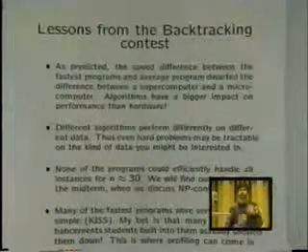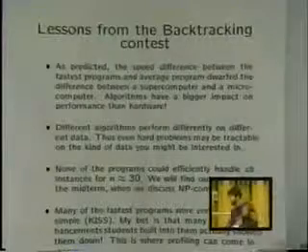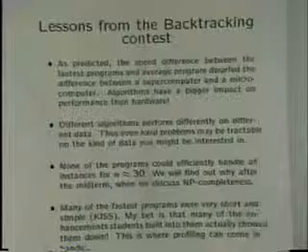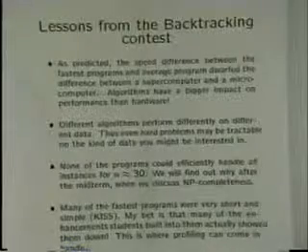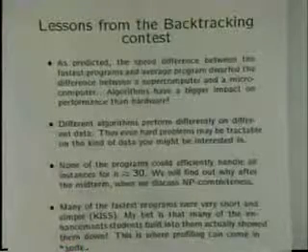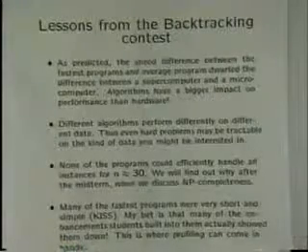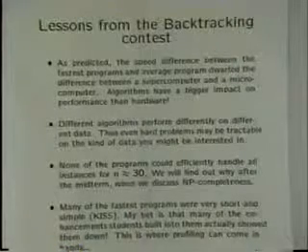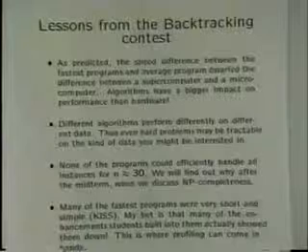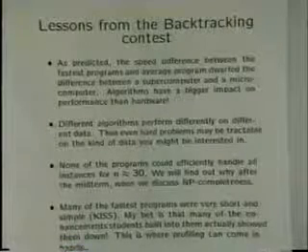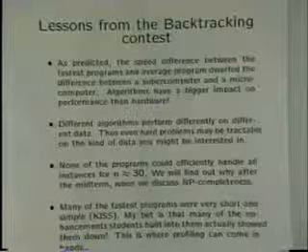Okay, any other questions? So what were the lessons that one should have come out with here? First of all, as I would have predicted in advance, the difference between the fastest and the slowest programs, or the fastest and the average programs even, was humongous. It was clearly much different than the performance between doing it on a supercomputer or doing the algorithm by hand even. The fastest ones were capable of routinely doing 20 to 30 vertices.